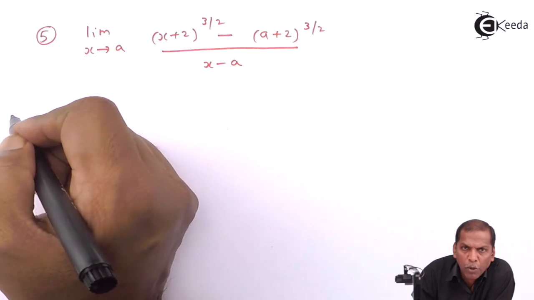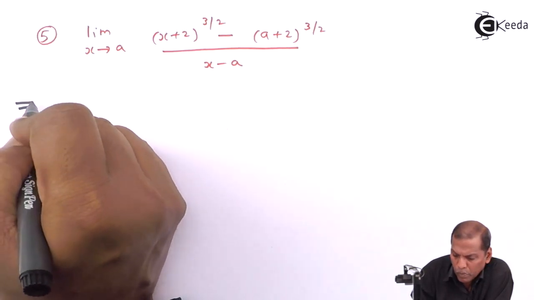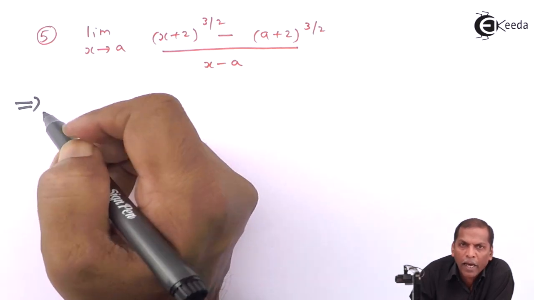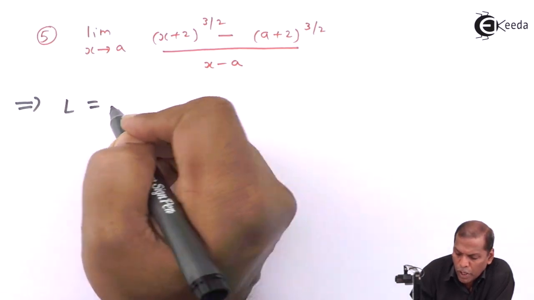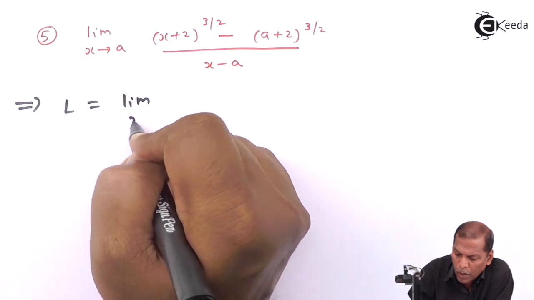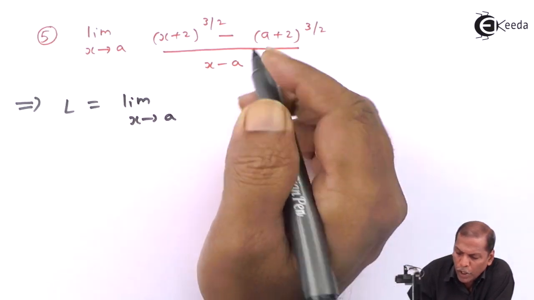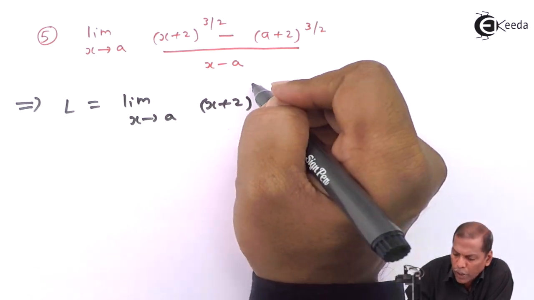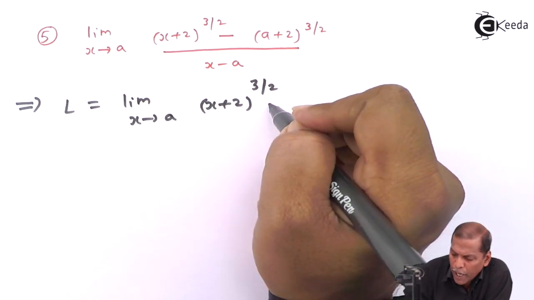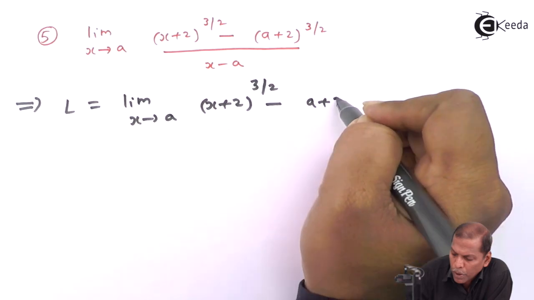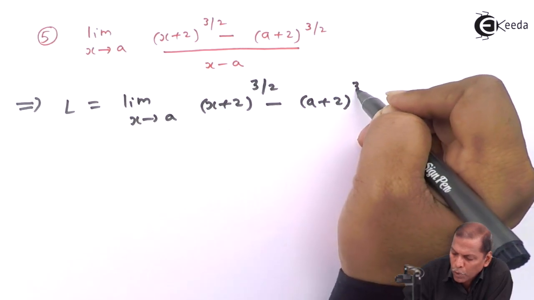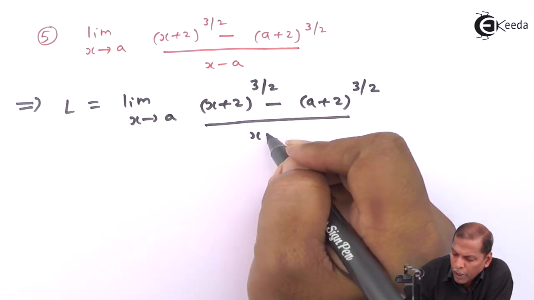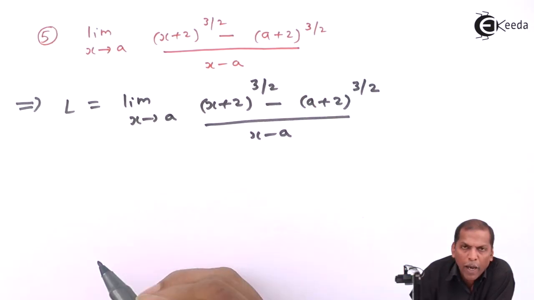Now let's see the solution. First of all, we denote the limit as L. So L is equal to limit x tends to a of (x plus 2) raised to 3 by 2 minus (a plus 2) raised to 3 by 2, whole thing divided by x minus a.